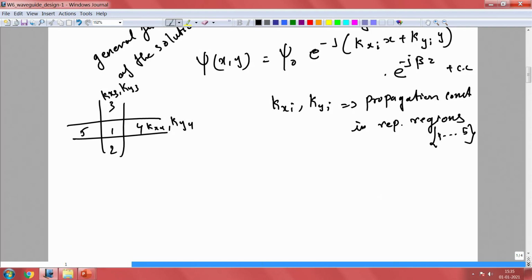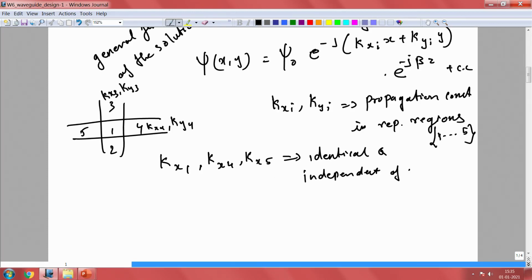So, if you are taking along x, your k x 1, k x 4 and k x 5, in regions 1, 4 and 5, must be identical and independent of y. Okay.